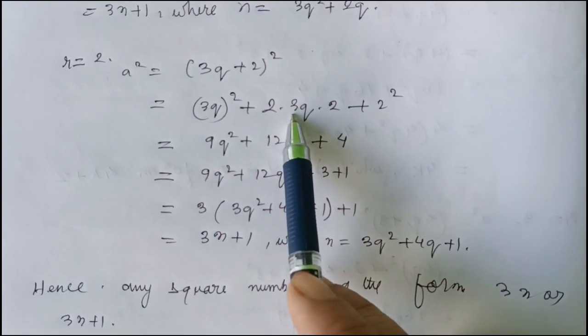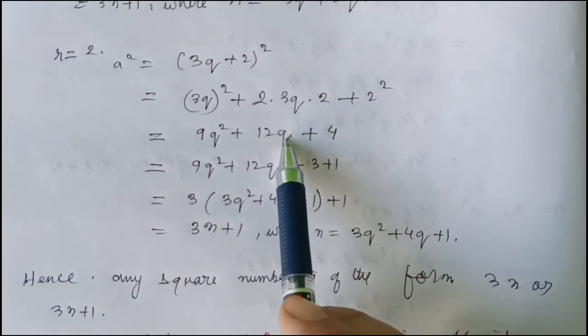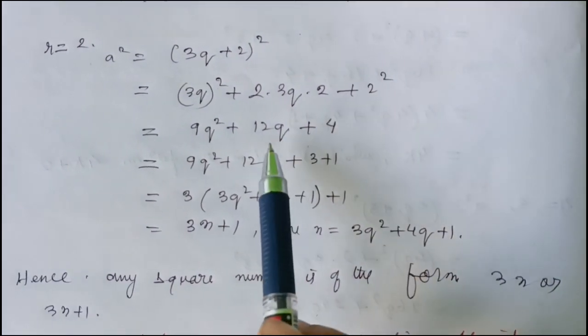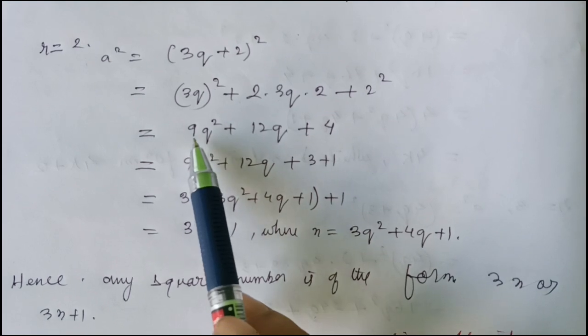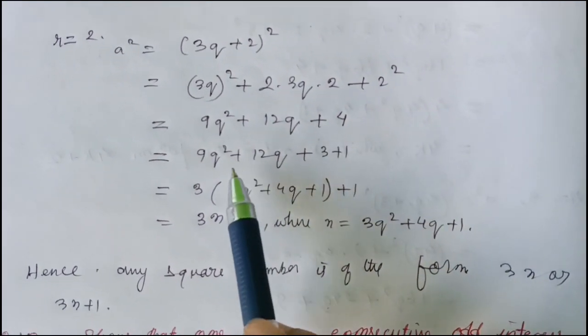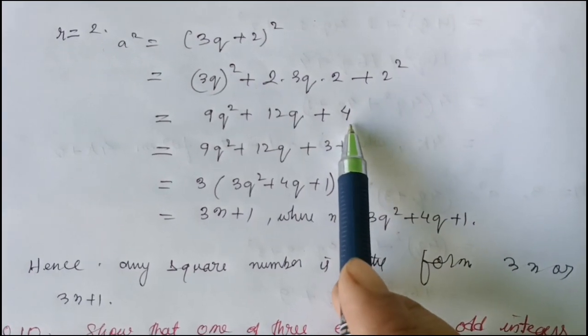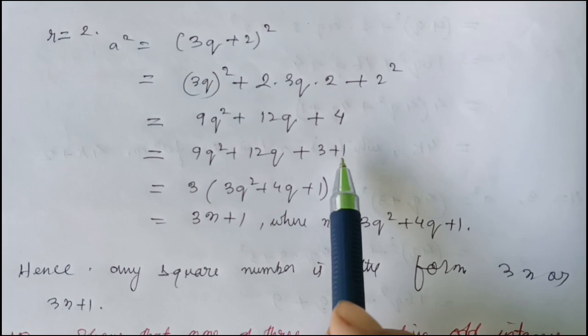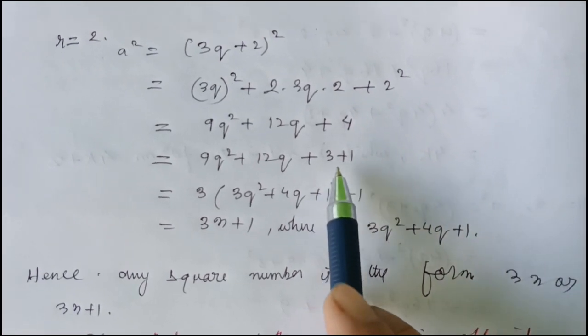Then 2 threes are 6, 6 twos are 12. 2 square is 4, right? Now we have 9q square plus 12q plus 4. So look here, what is this 4? How can you write it? 3 plus 1 is 4. Alright, 3 plus 1 is 4.